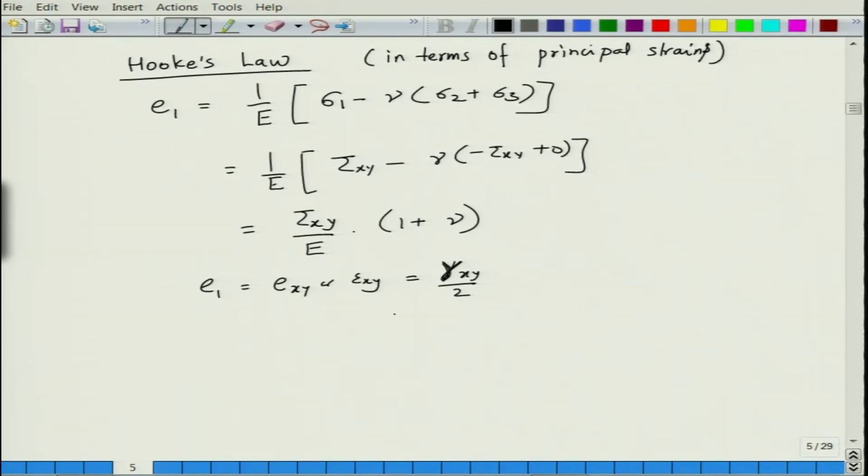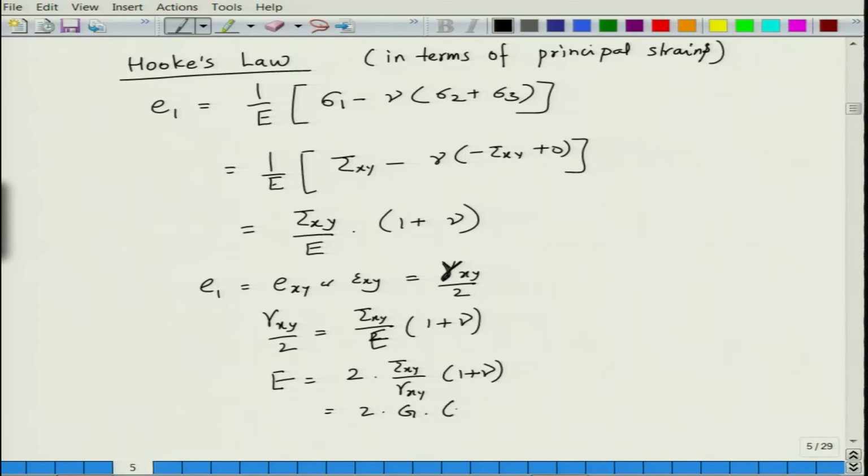So, if that is the case, then if we write the expression for E1, gamma xy divided by 2 is equal to tau xy divided by E into 1 plus nu. So, we can see here E is equal to 2 into tau xy divided by gamma xy into 1 plus nu, and this is equal to 2 into G into 1 plus nu.